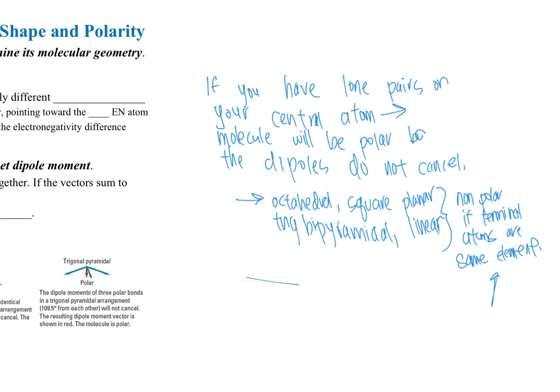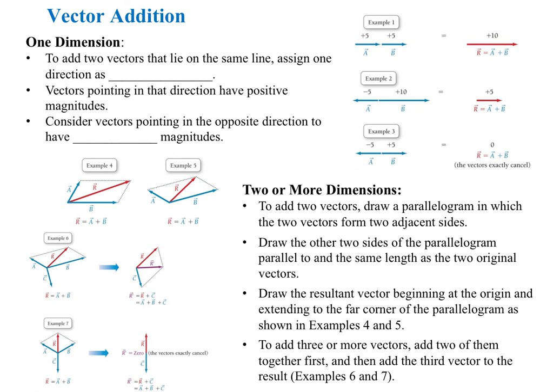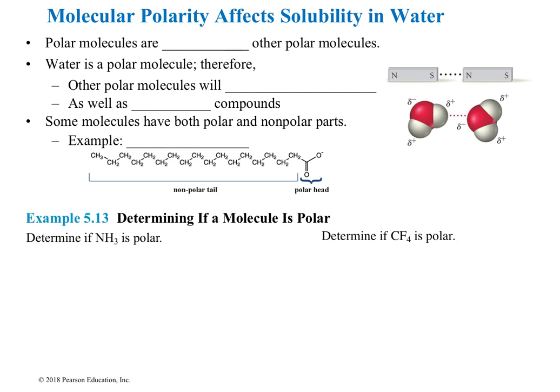And everything that has only atoms and no lone pairs will be nonpolar, assuming the terminal atoms are the same element. So I'm not going to worry about the vector addition and all that stuff, because ultimately, if you remember those other rules, that's really what should come in handy.